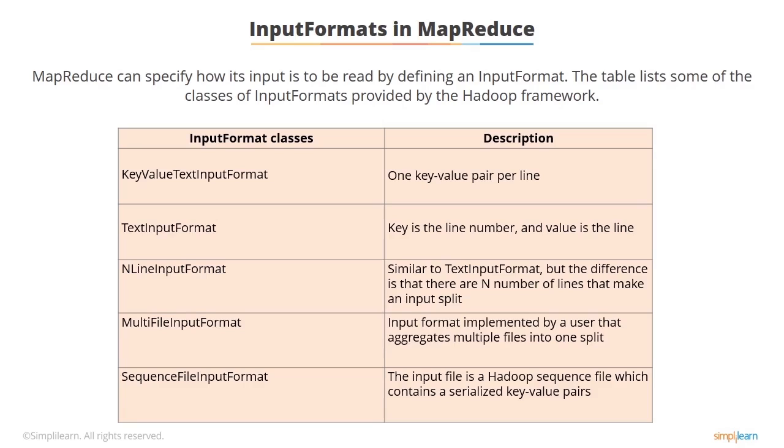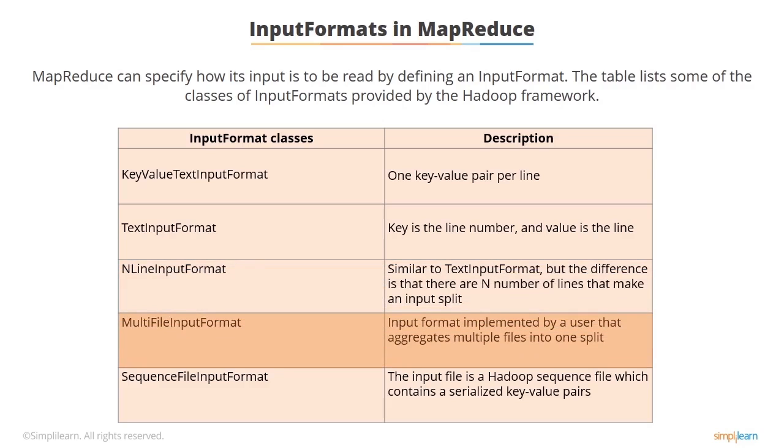The first class is KeyValueTextInputFormat, which is used to create a single key-value pair per line. TextInputFormat is used to create a program considering a key as the line number and the value as the line itself. NLineInputFormat is similar to TextInputFormat, except that there are n number of lines that make an input split.